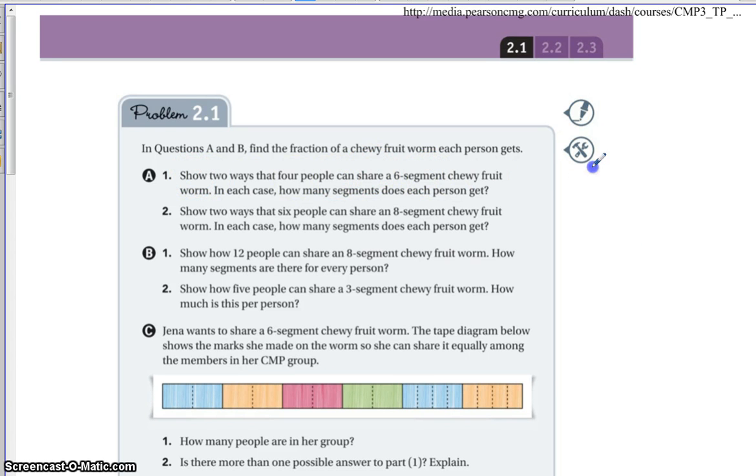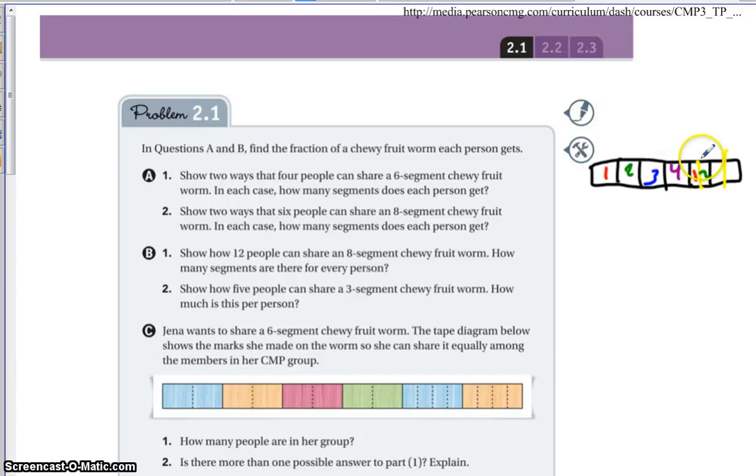Let's go ahead and draw out a worm. Okay, and we got 6 segments. So 1, 2, 3, 4, 5, 6. And we want 4 people to share that. So we've got 1, 2, 3, 4, and then since we have 2 left over, I want person 1 to get 1/2, so we can divide this one into halves, and we can divide this one in half, and then person 1 gets that half, and I know this isn't drawn real pretty.